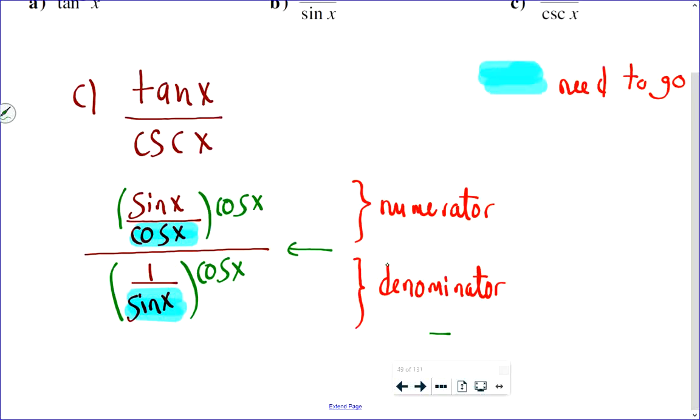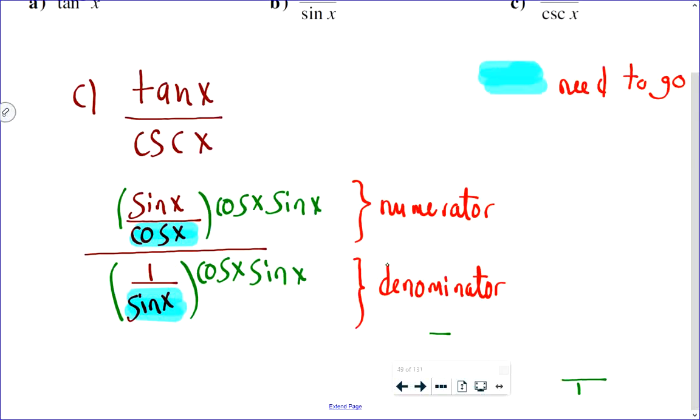I don't want to complicate things here further, but cosine of x as a fraction is cosine of x over 1. So I'm keeping it lined up. Because when we multiply across the top and the bottom of fractions, that would get rid of the cosine of x. But we would still have the sine of x that's highlighted that needs to go, which would mean I would also have to multiply the top and the bottom by sine of x.